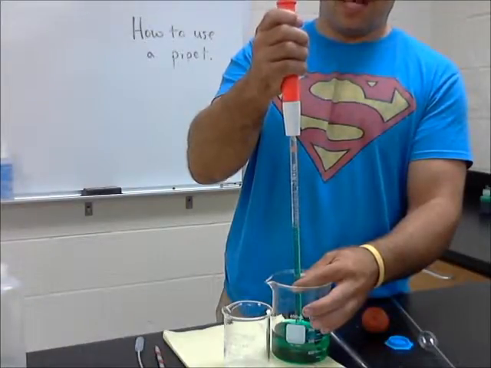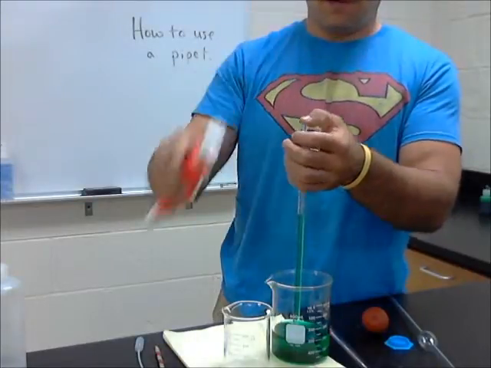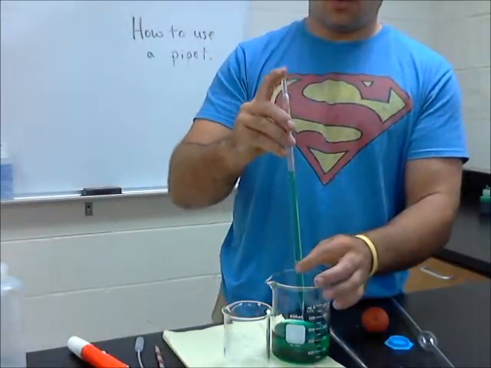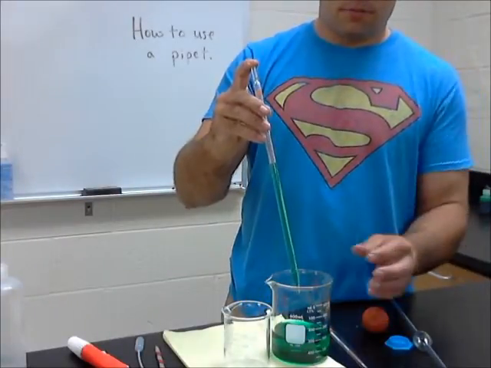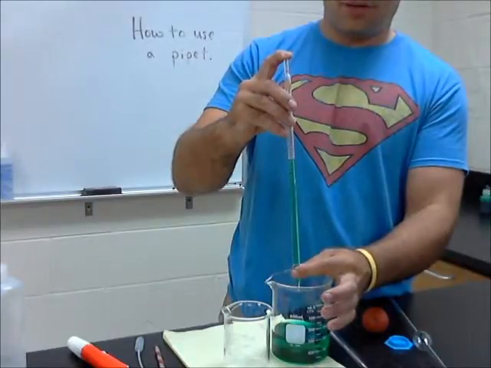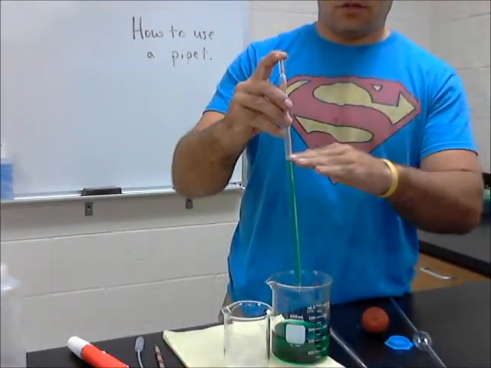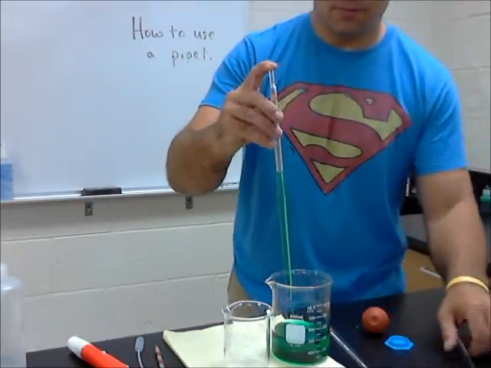I'm going to take 7, 8, 9, 10, and then I'm going to pop this thing off here, and I like to use my finger as a means to control how much I'm going to dispense. I only want 3 milliliters, so I have to hold the bottom here. Again, whenever you're measuring, you want to be perpendicular to the line. So I will bend over a little bit just to see this.